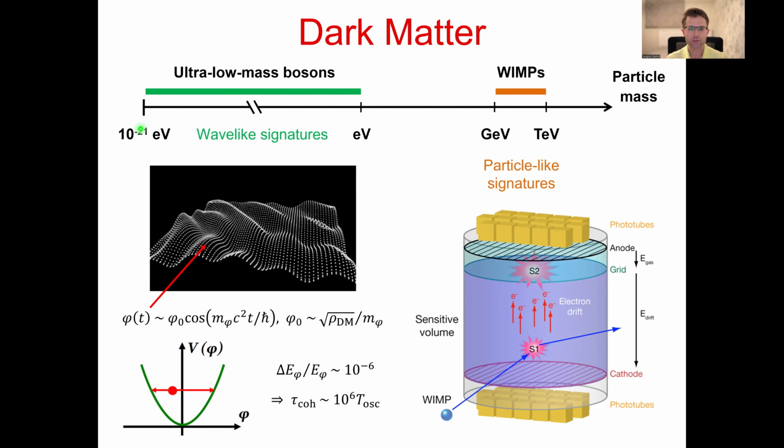And we can go all the way down to particle masses of the order of about 10 to minus 21 electron volts, where the de Broglie wavelength becomes quite large in an astronomical sense.